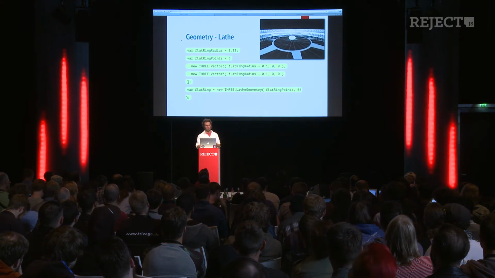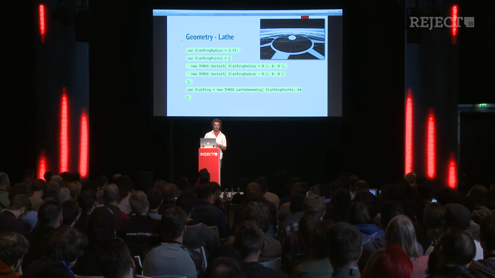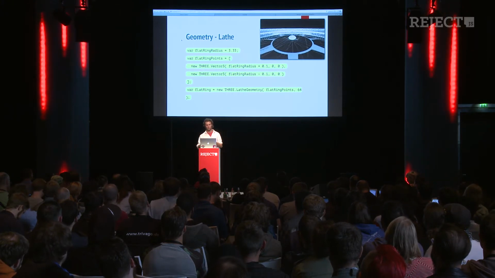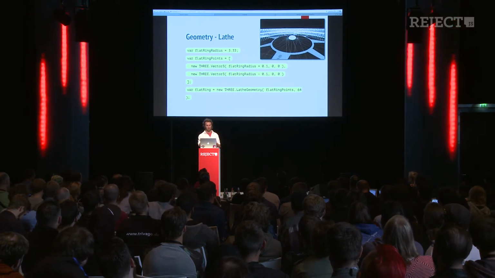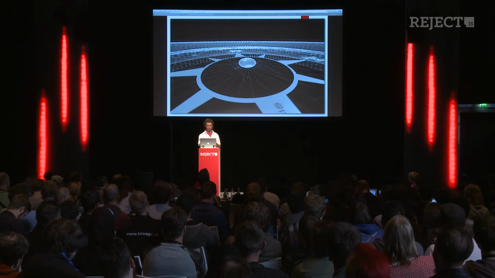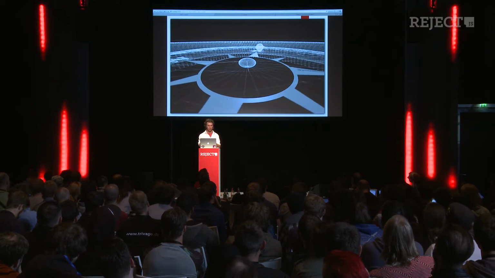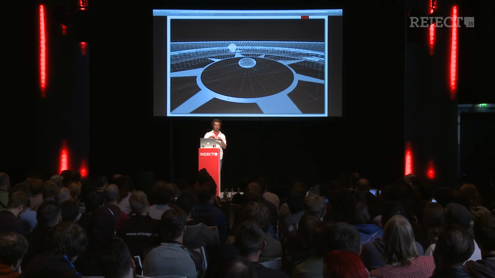Okay, so the next geometry is something a little bit more interesting, and I use this technique quite a lot in this model because it has circular symmetry. So this is using something called a lathe geometry, and I'm talking here about this ring that we have in the center here, so not the spikes that are coming out of it, just the round ring.